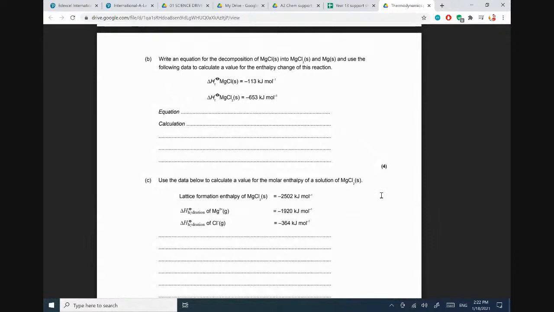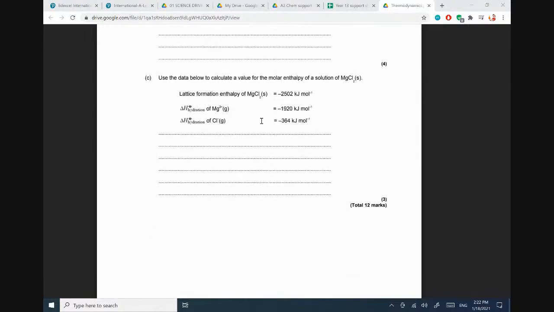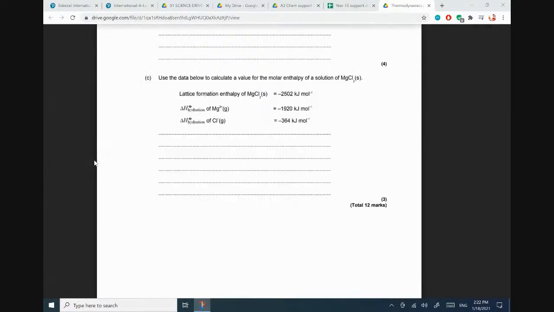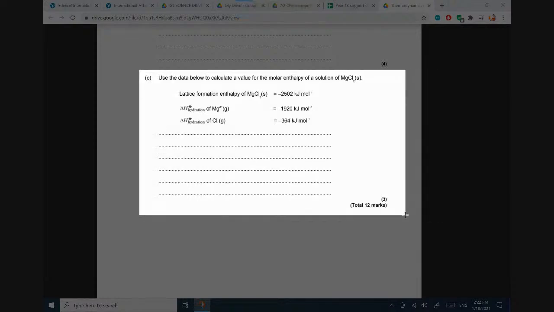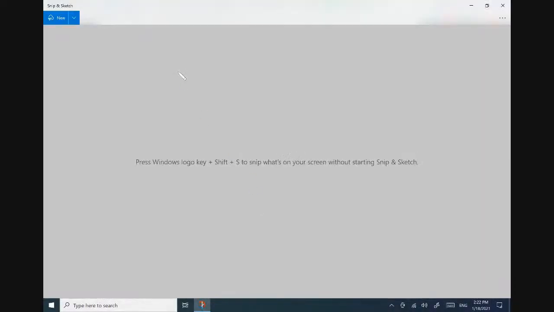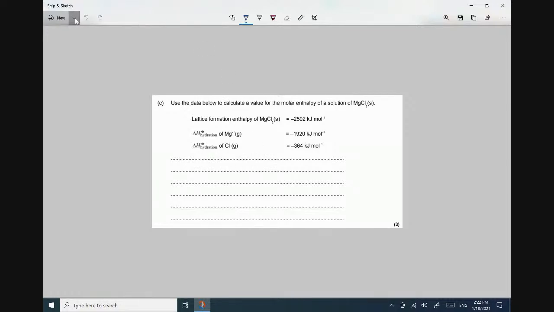What I'm going to do is snip it, but my things have all gone. So stupid. Entropy change for the following. It's actually this one right here. So I'm going to snip that if I find snip on here. I'm just going to go the long way around here. Only 3 marks. Nice and easy.